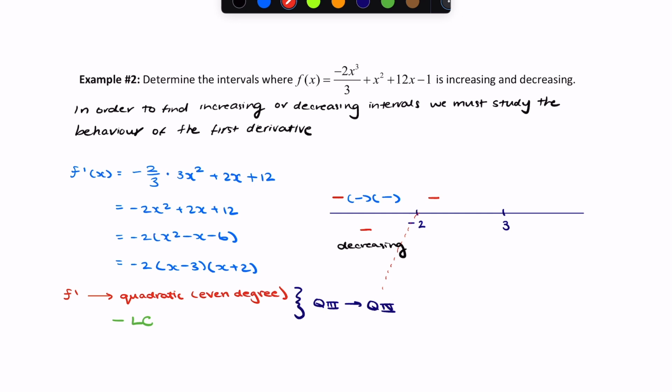Okay, so in between negative 2 and 3, if we sub in, for example, 0, then 0 minus 3 will give us negative 3, so it's negative, and 0 plus 2 will give us positive. So here we see that between negative 2 and 3, it would be increasing.